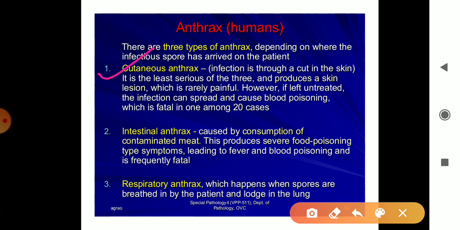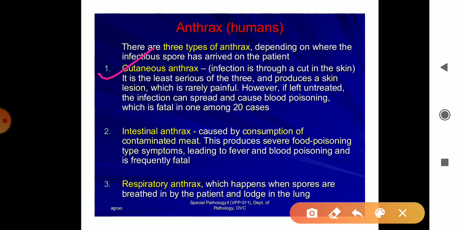Then intestinal anthrax might occur by consumption of contaminated meat, like sheep and beef. It might simulate the symptoms of blood poisoning and cyanide poisoning. Respiratory anthrax is found when we inhale the spores.